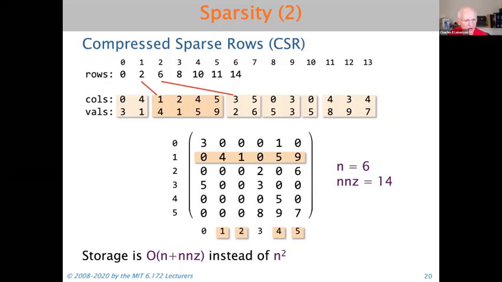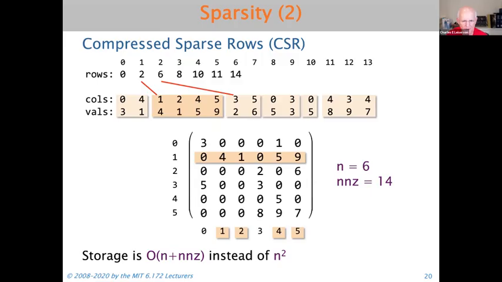twice the number of non-zeros instead of n squared. So if n squared is really big and the number of non-zeros is relatively small, this is a more efficient way to store things. Typically, it's pretty good when at most 10% of the elements are non-zeros.